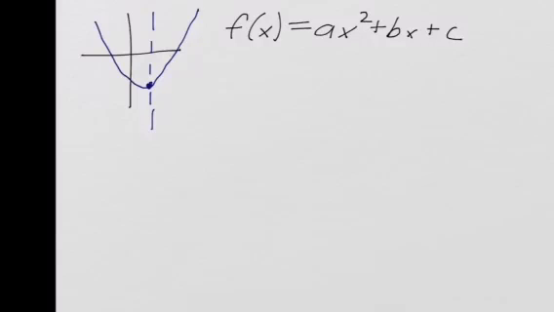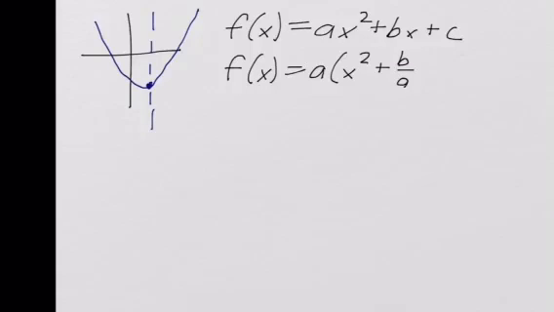So the first thing that I want to do is we're going to factor an a out very cleverly. Doing it like this. So we get that. So now, oops, that should be b over a x inside of parentheses.